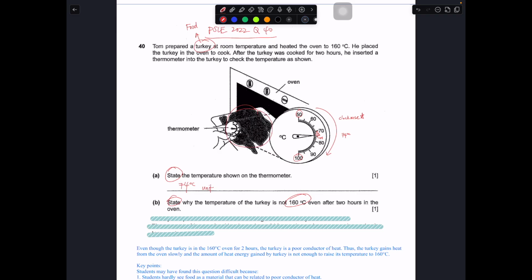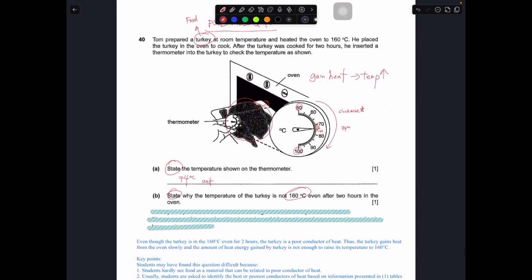You put this turkey inside the oven, it will start to gain heat, and the temperature will start to rise. So if you put it in the oven and it did not rise to 160 degrees, it means it must have gained heat very slowly from the oven. In this case, gain heat slowly, you can relate that the turkey is a poor conductor of heat.